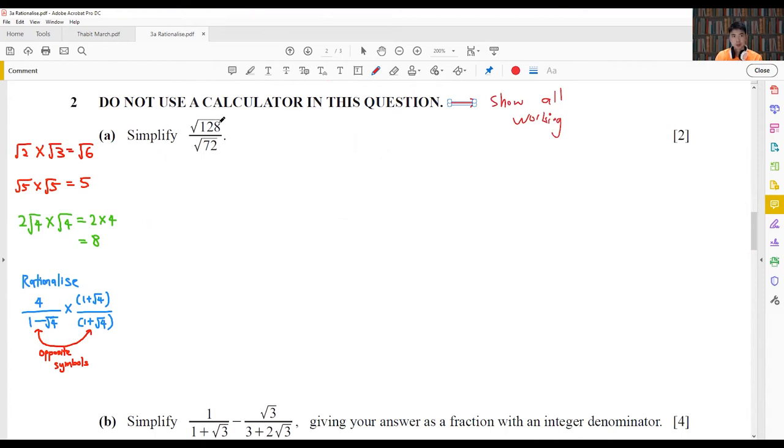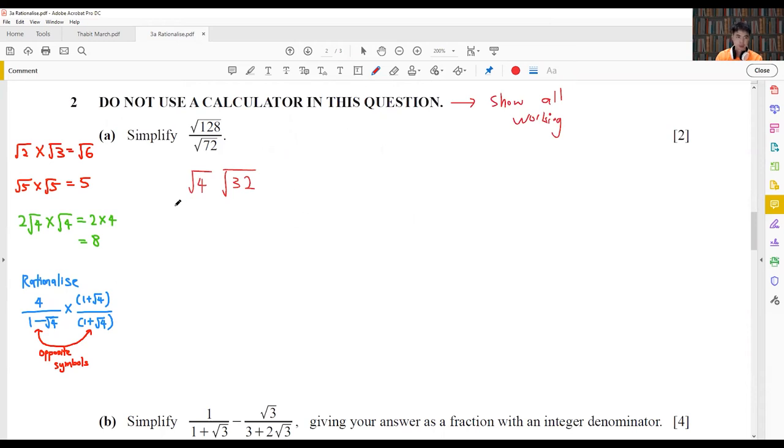So from here, what we want to do is simplify this using the breakup rule that we just tried using earlier. So maybe we will try to find a whole number, a perfect square number out of this. Say I have 4, √4, then 128 divided by 4 is going to be 32.